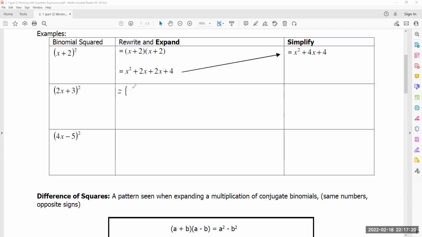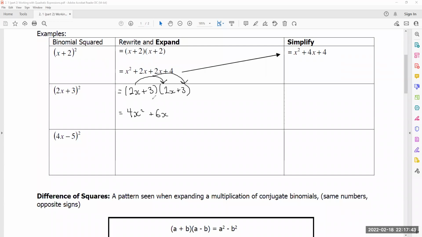Please rewrite it as 2x plus 3 multiplied with 2x plus 3. And that is going to be, again, the first term gets a chance to multiply with everything in the second term. So 2x times 2x is 4x squared. 2x times 3 is 6x.